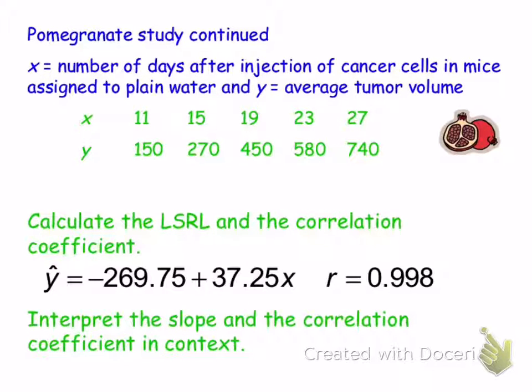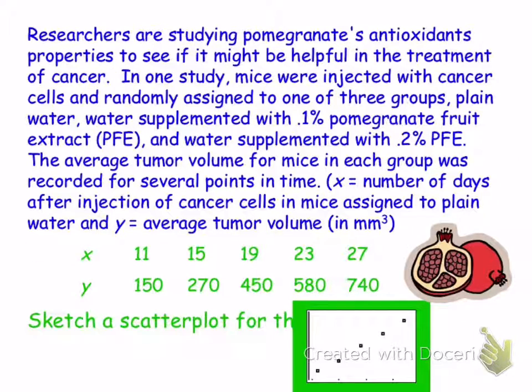I know, they're doing cruel things to mice. So I think, if I were to read this whole thing right here, basically what it's saying is they're measuring the tumor volume, like whether it's growing or not, based on what type of water the mice will drink.